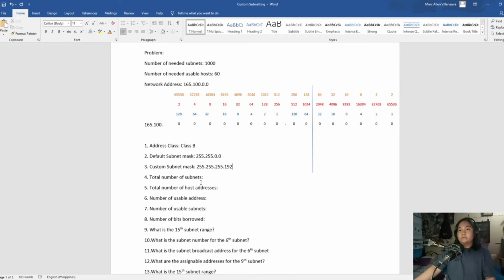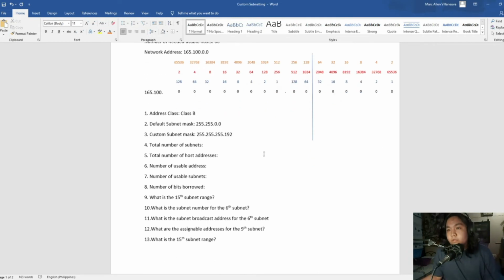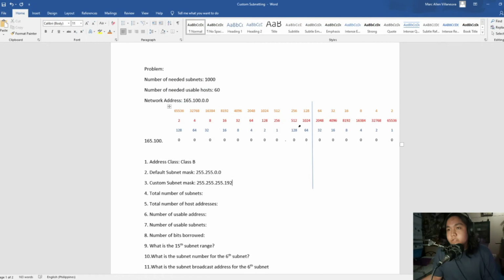There, we have our custom subnet mask. Now going back to the given, the total number of subnets that we have is 1024. It's right here, 1024.